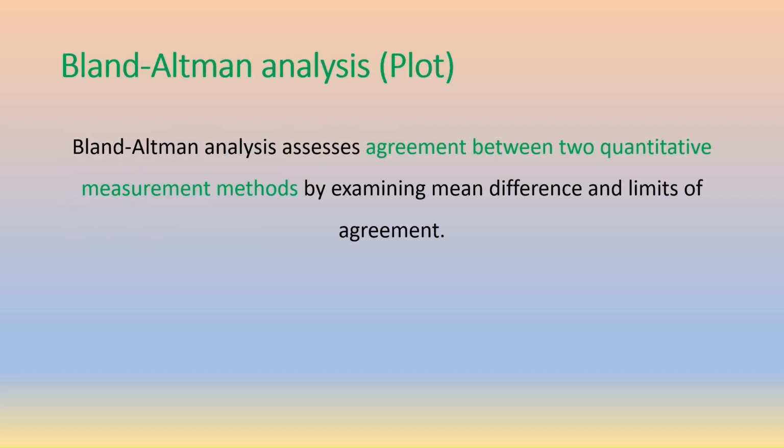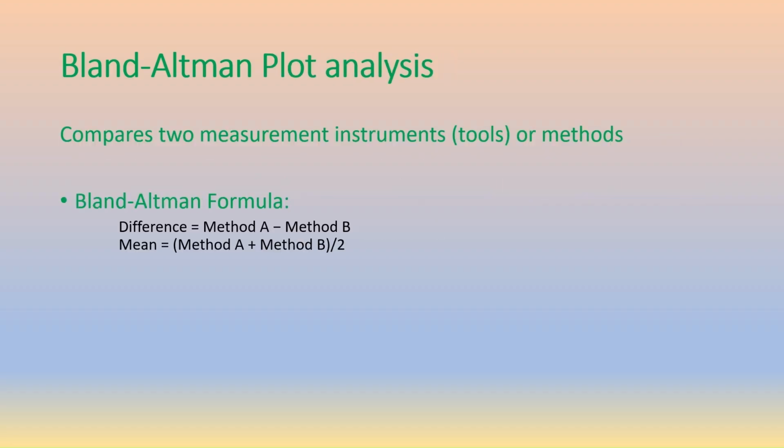Bland-Altman analysis plot: agreement between two quantitative measurement methods by examining mean difference and limits of agreement. Bland-Altman does not simply show correlation, it shows agreement by examining differences between two methods.